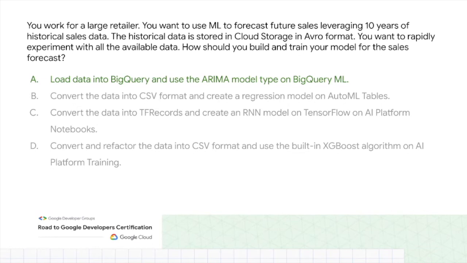Otherwise, if we use any of the other available tools to transform the data and then train, it will take us a lot more time. That's something you would want to do if you already experimented with very simple models and figured out perhaps you need a more complicated deep learning model. Meanwhile, usually for time series, most cases use the ARIMA model. So far, it's the best performing model.